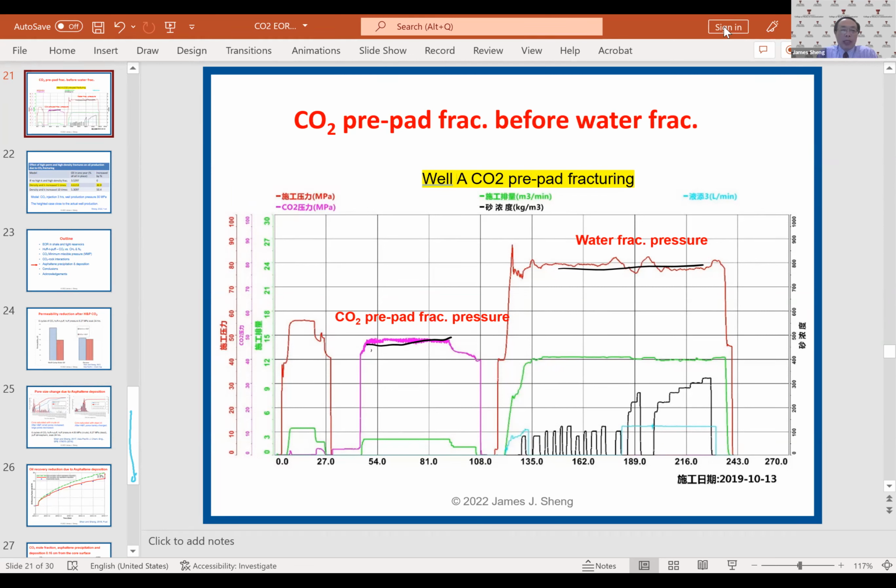Okay, that's a good question. I intended to present something like that, but in today's presentation there were too many results, so I presented what we have done. Some people have studied wettability, which is a very important mechanism. CO2 does change the wettability of the rock.